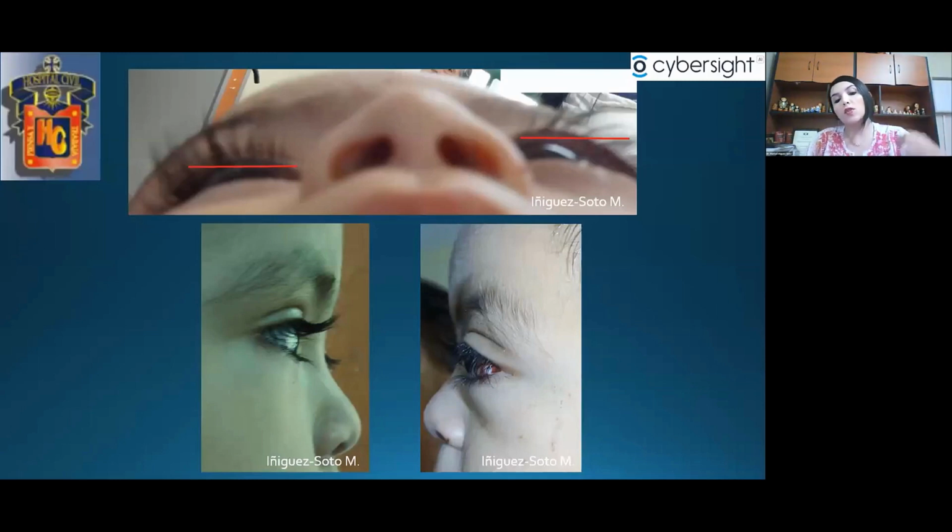Even if you don't have the exophthalmometer, you can see with that position of the head that it is a real proptosis in the left eye. And in the axial view, we can see in the photographs that we have the proptosis in the left eye, as the mom said.